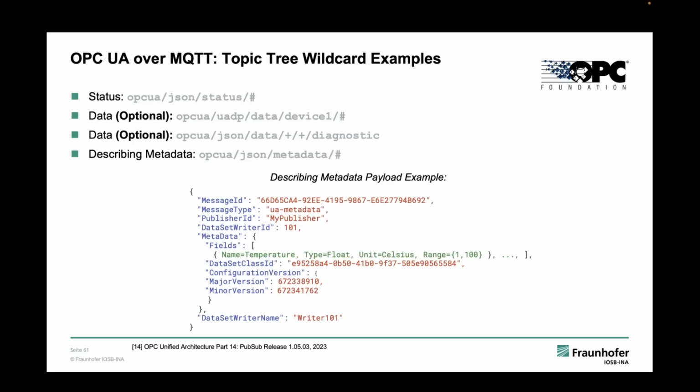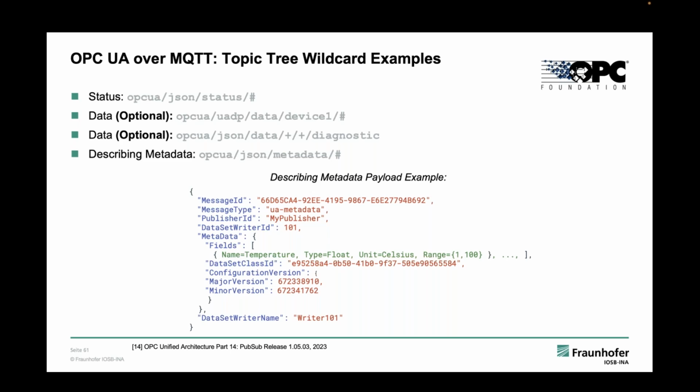Let's look at some examples for this topic tree. For instance, you could subscribe to the status of devices with the first topic that we see here. You can subscribe to all the data from a device 1 in the second line, or you can subscribe to all diagnostic data that's available, or diagnostic writers that are available in a topic namespace.